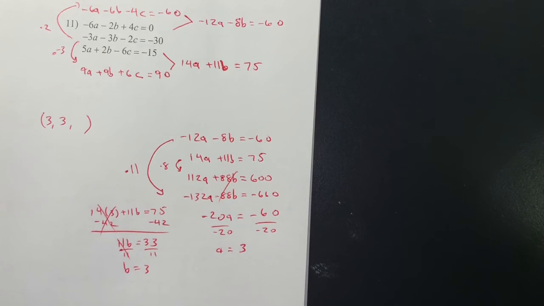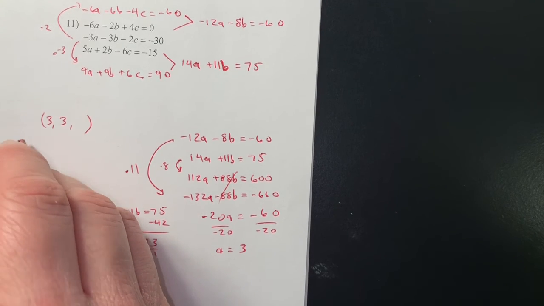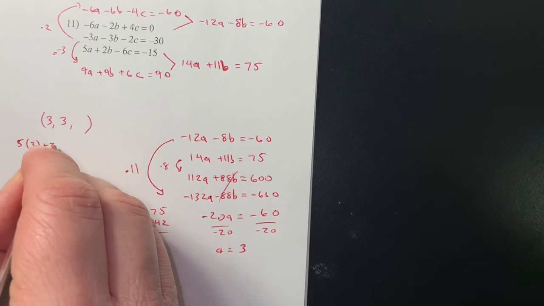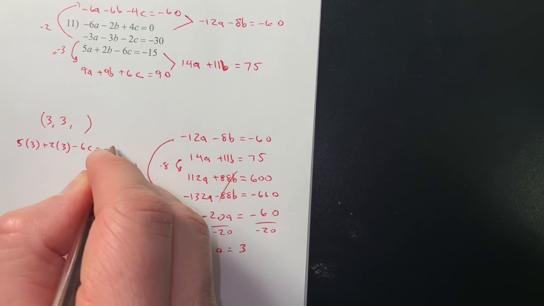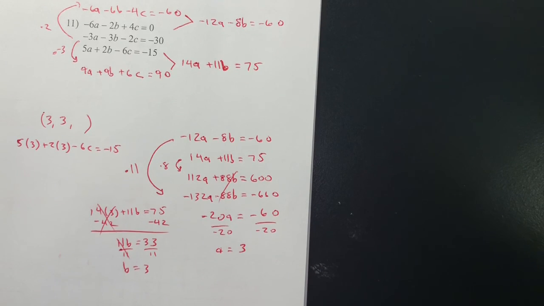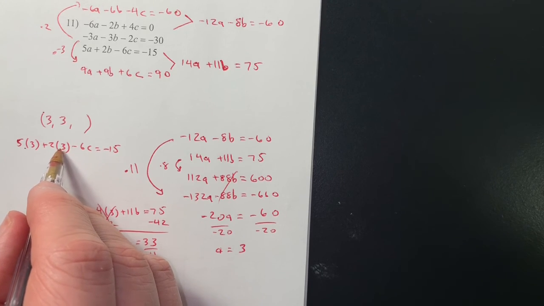Still need c. So I will plug a and b into one of the three original equations. Let's go with this bottom one. 5 times 3 plus 2 times 3 minus 6c equals negative 15. So that's 15 plus 6, that's 21.